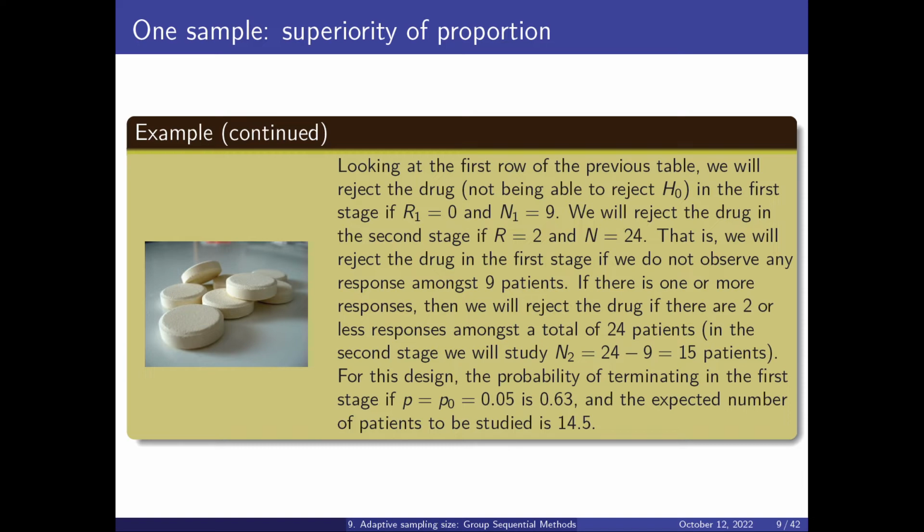The average number of patients is 14, so you have lowered it from 24 to 14 because in many cases, if the null hypothesis is true, you don't go into the second stage. So it is a very useful design.